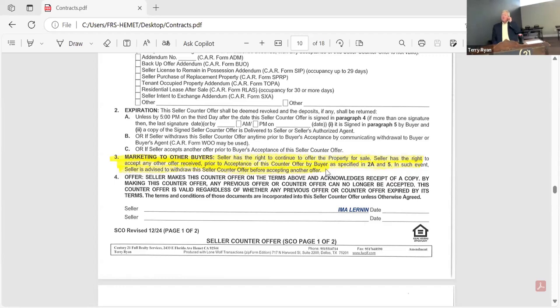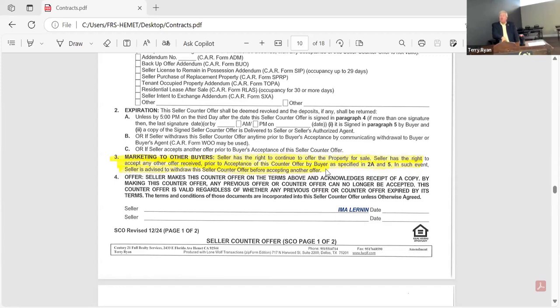All right, so if we haven't gotten anything back from the buyer saying that they accepted this counteroffer, they're still thinking about it, they're talking with their lender to see if they can get more, whatever it is. If I don't have this back signed and agreed to by everybody, then the seller can move forward on another offer that comes in the meantime. So today is Monday.